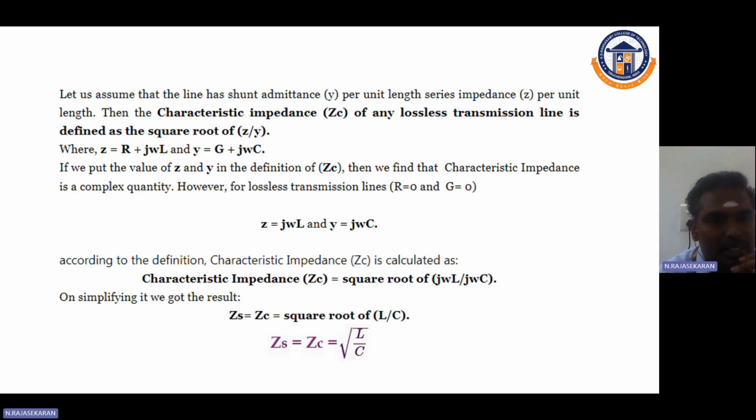However, for a lossless transmission line, R equals 0 and G equals 0. So the resistance and the conductance will be 0, and the remaining terms are Z equal to j omega L and Y equal to j omega C. Taking the root, the characteristic impedance ZC is the square root of L by C.